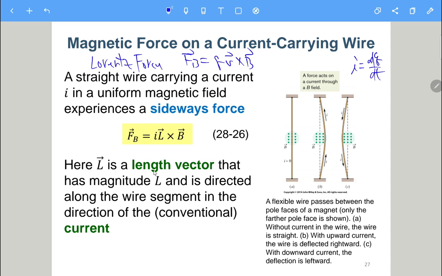So here, L is a vector that has magnitude L, the length of the wire, and the direction follows the direction of the conventional current.